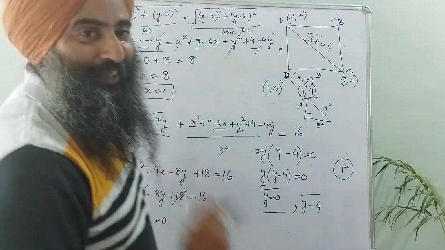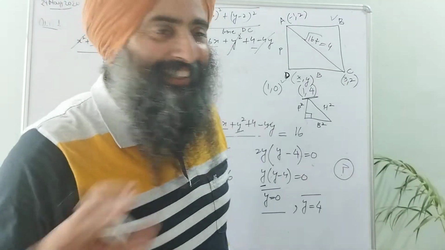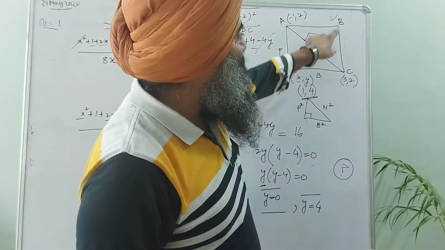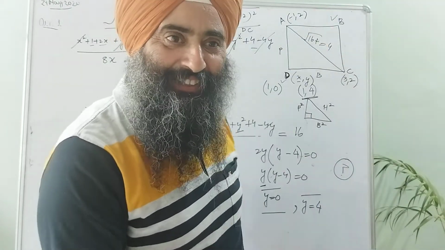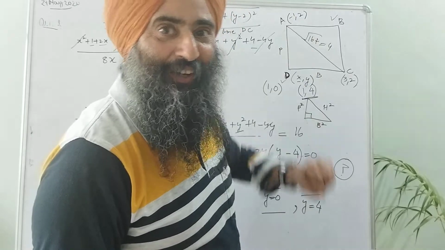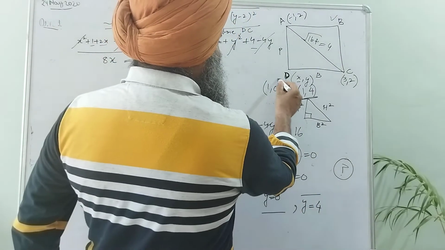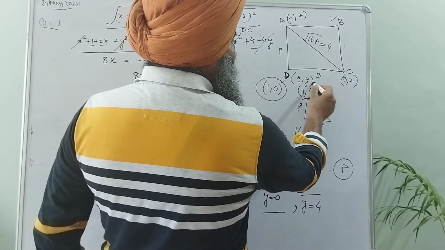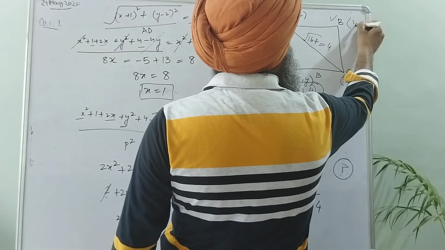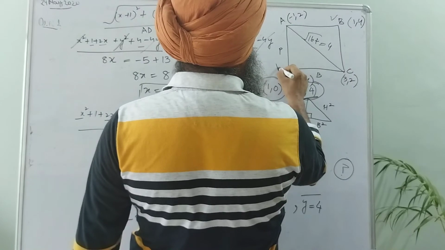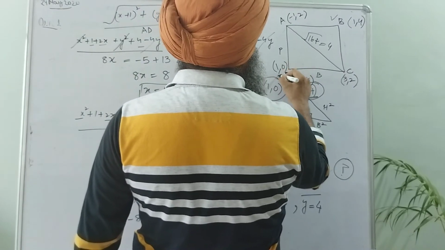Interestingly students, let me tell you, you might think that you have to again do so much hard work to get the value for coordinates of b. But actually the system is giving you the coordinates of b. These are the coordinates of d and these are the coordinates of b. Just check it. b is 1, 4 and this is 1, 0.